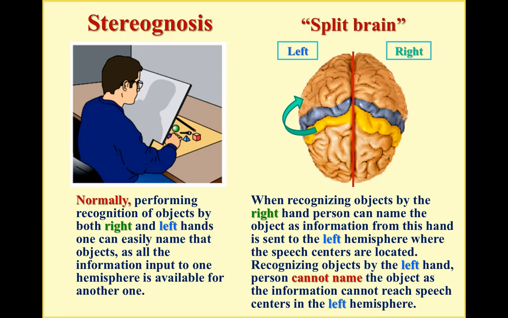And the left hemisphere cannot get this information from the right hemisphere. And so, simply, the tested person cannot name the object, because information transfer from right to left hemisphere is not possible. So recognizing objects by stereognosis with the left hand does not allow them to name the object which they try to recognize.